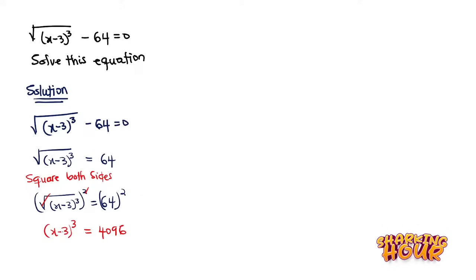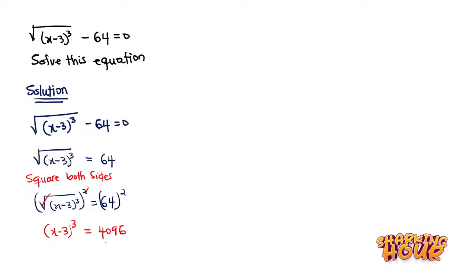Now from here, for us to find x, we need to also get rid of the cube that the expression x minus 3 is raised to. Now to do that, we can either expand the bracket raised to the power cube, or we try to find the cube root of both sides. Now it so happens that if you find the number 4096, you can find a perfect cube value for it.